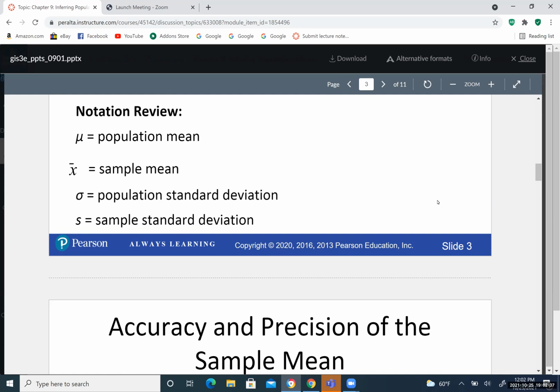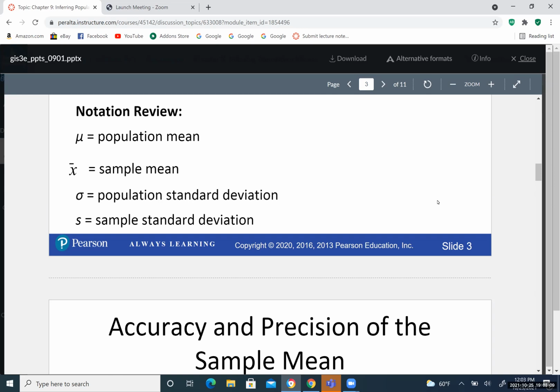In other words, sample mean, X bar, will estimate population mean, mu. The third one is sigma, the population standard deviation. We have learned sample standard deviation S in chapter 1. So sample standard deviation S will help us estimate population standard deviation, sigma.